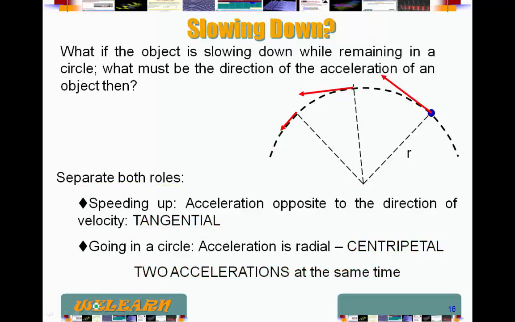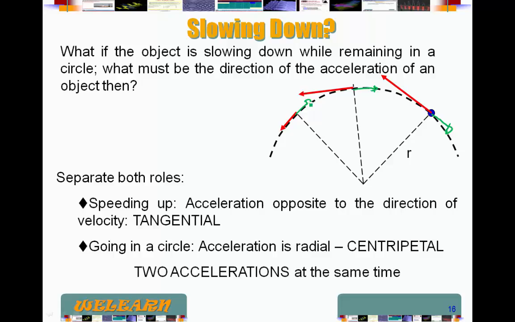What if my object is slowing down? Same kind of idea. Here, instead of having the acceleration in the same direction as the velocity, it has to be opposite in direction. In green here, I'm drawing the acceleration. It has to be opposite to the velocity. So that's the tangential acceleration responsible for the slowing down.